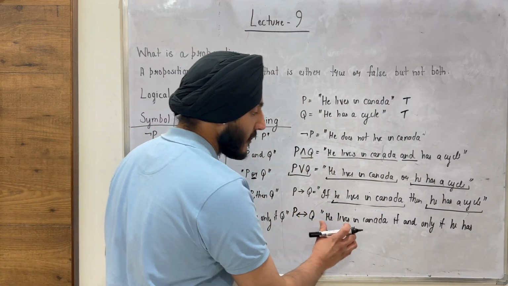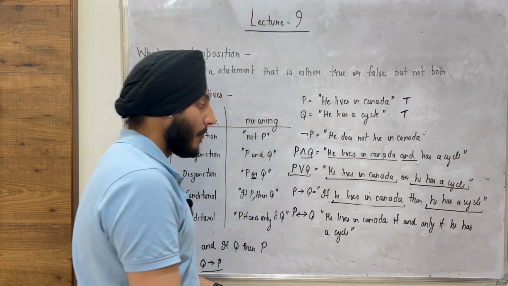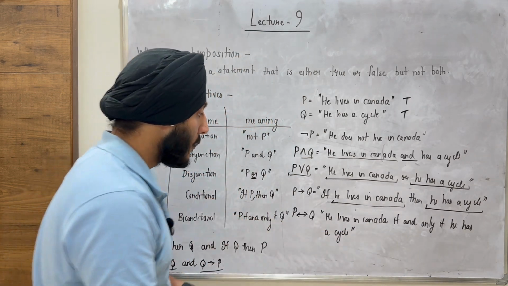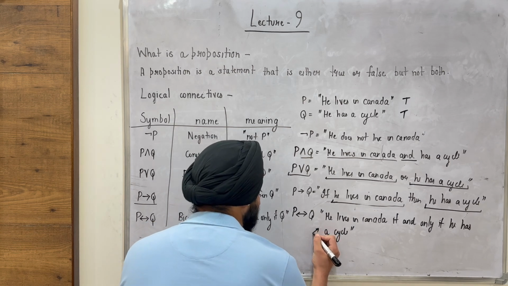So this is how we basically represent the biconditional statement. But if I have to break this down, I get something like this, right?